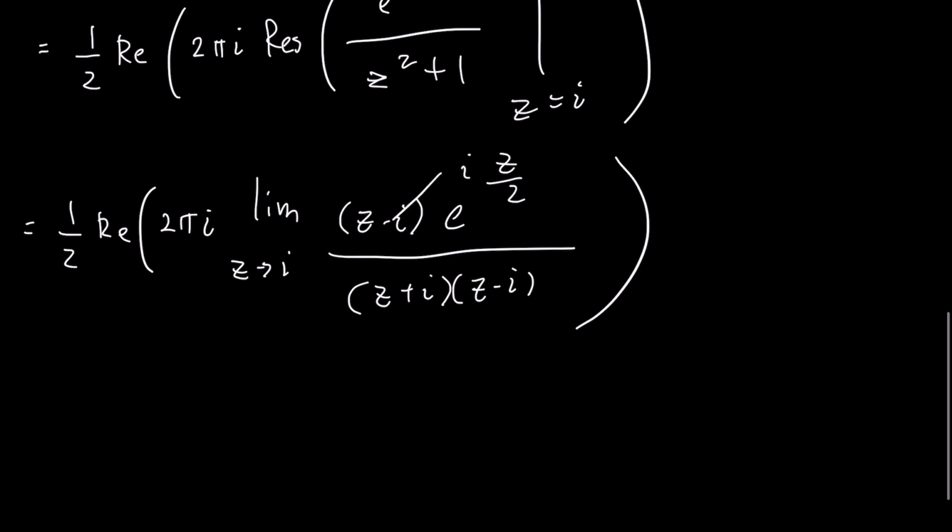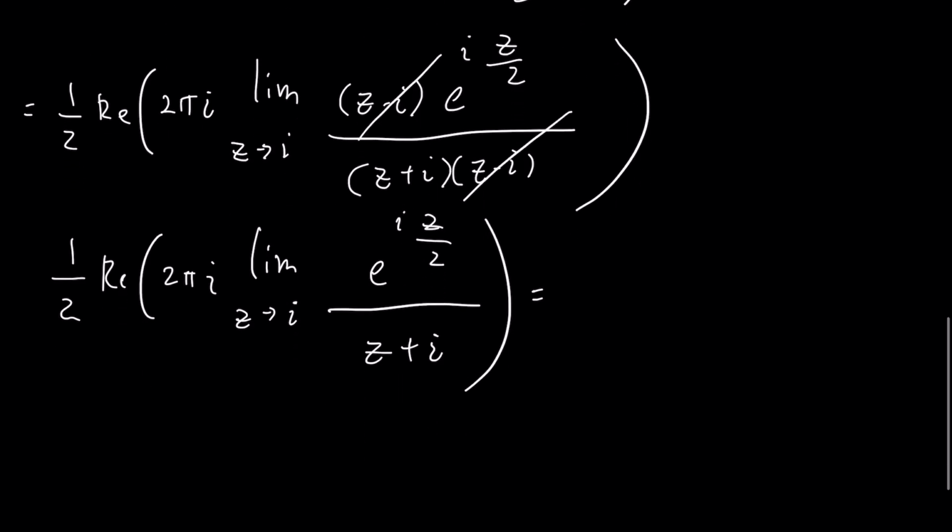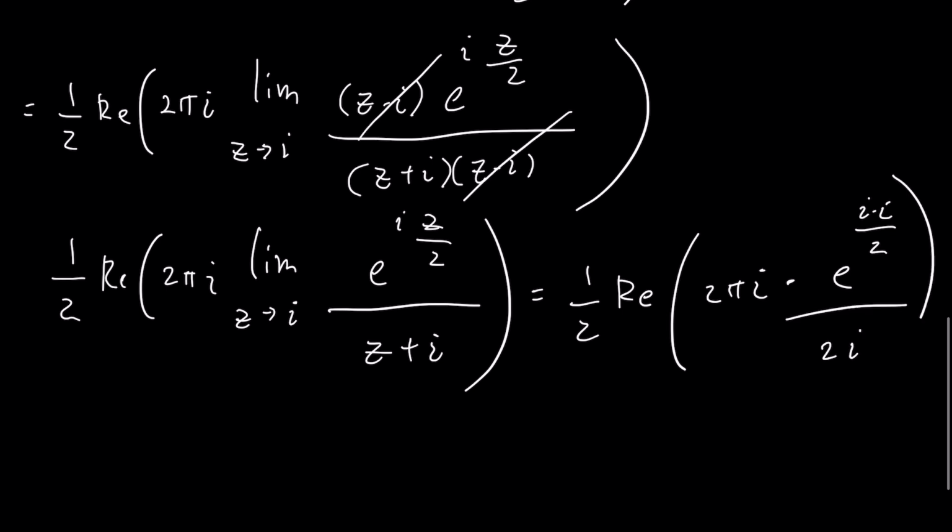You can notice that the z minus i's cancel, and we're left with 1/2 the real part of 2 pi i, the limit as z approaches i of e to the i z over 2 divided by z plus i. So this limit will evaluate to 1/2 the real part of 2 pi i times e to the i times i over 2 divided by 2i.